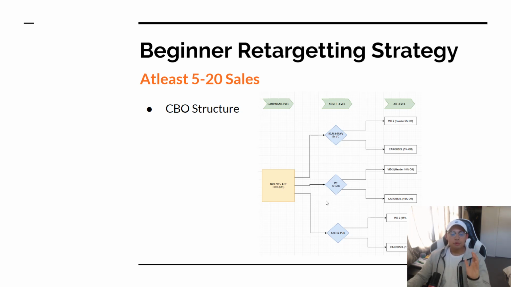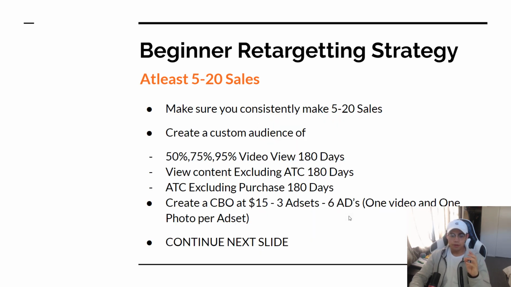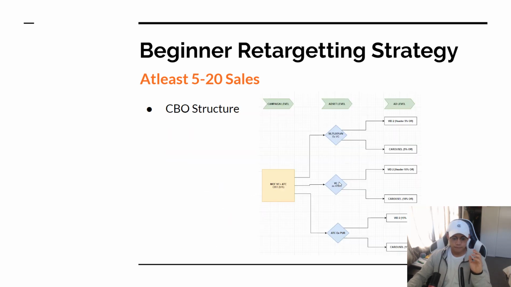Now, lastly, you want to include the third ad set, which is the most important. I find most of the time this is the most profitable ad set from this campaign, which is add to cart excluding purchase, 180 days. And now you want to give them a 15% off discount code.